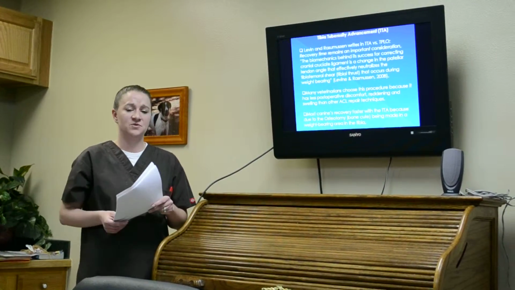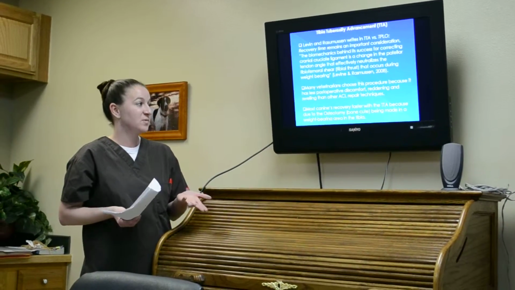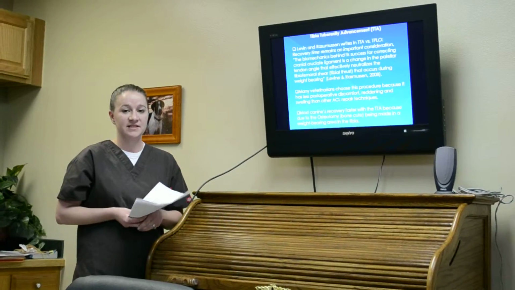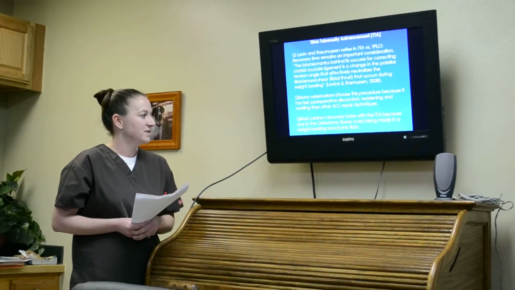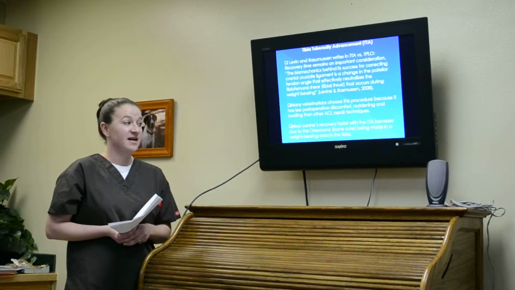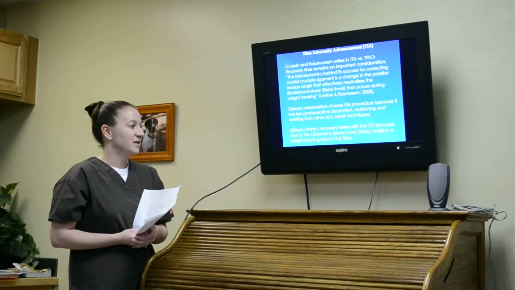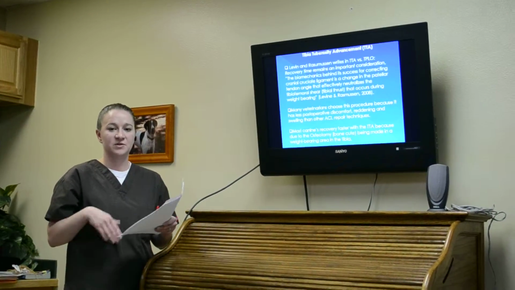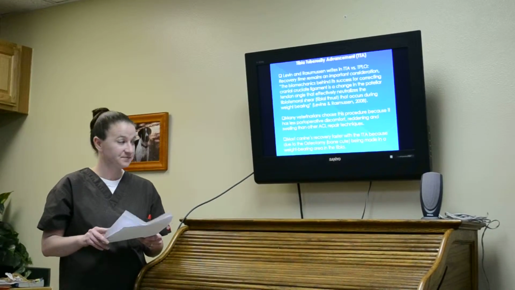Many veterinarians choose to use this procedure because it has less post-operative discomfort, reddening, and swelling than any other ACL technique used today. Most canines recover faster with the TTA because the osteotomy, which is the bone cut, is not in a weight-bearing area, so they're able to actually walk on the leg, whereas with the TPLO they can't.